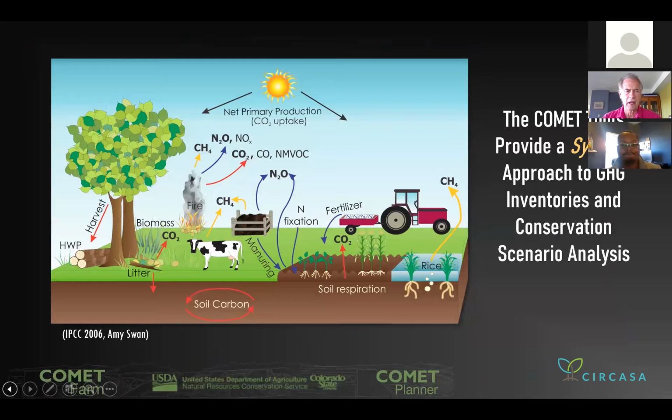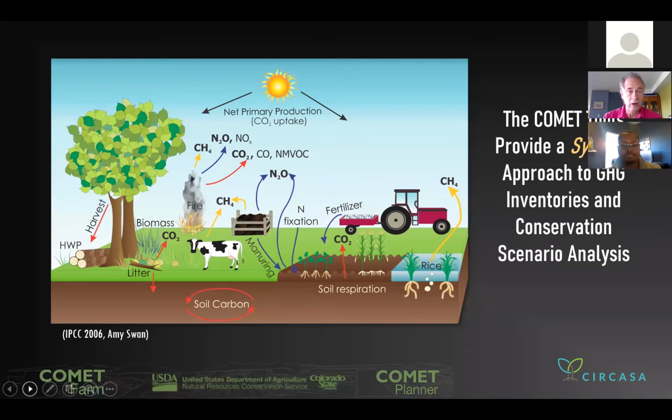First, just to again emphasize the fact that the COMET tools are really a systems approach to greenhouse gas inventories, and this is a cartoon that many of you have probably seen, was in the IPCC 2006 guidelines for AFOLU inventories.